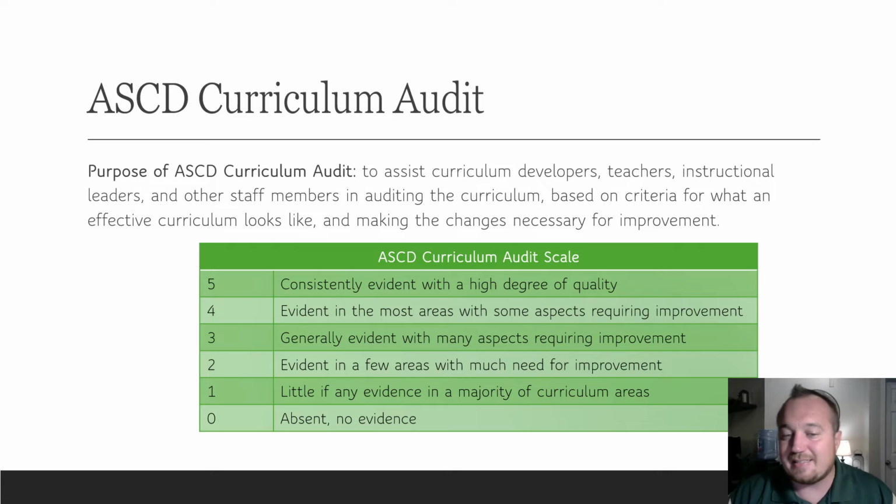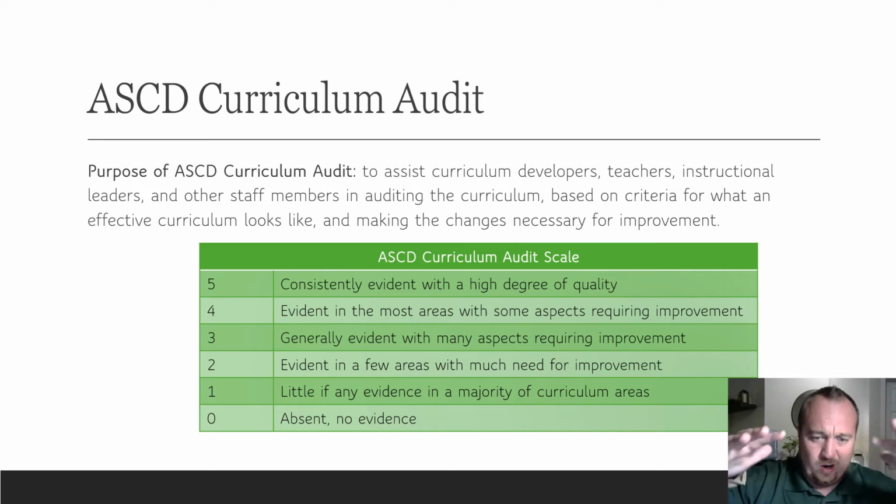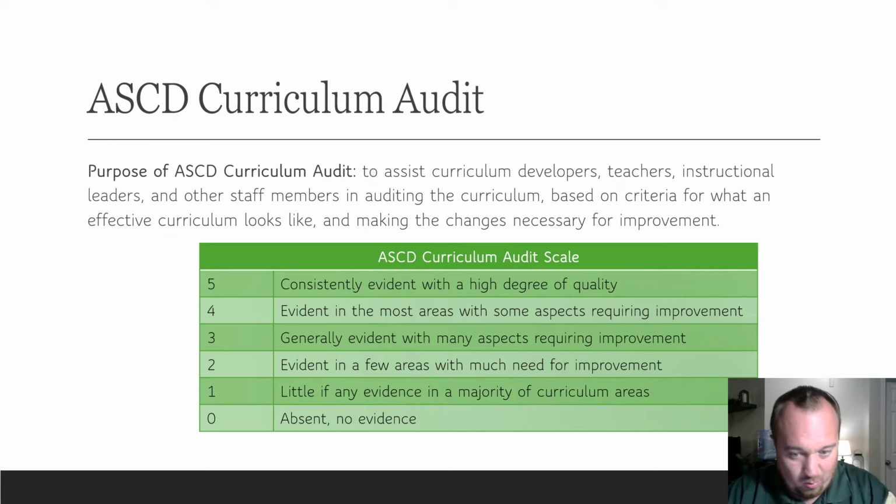So it's ultimately like a scale to see where you need to improve on your curriculum. I like to think of the first one kind of like a how-to guide, and the second one is going to be with your culture, and this one is almost, in my opinion, like a final assessment. What do we need to do now in order to move forward?